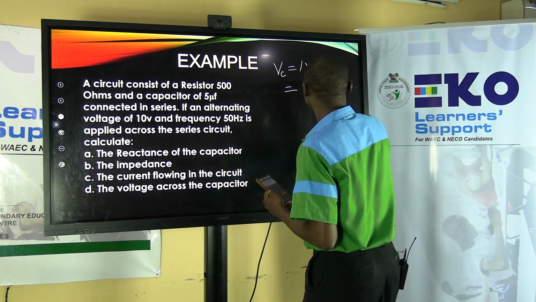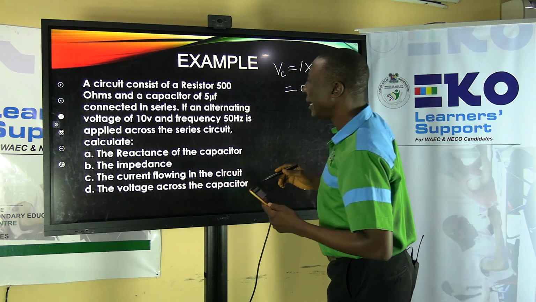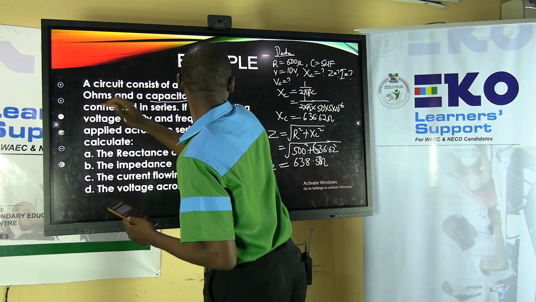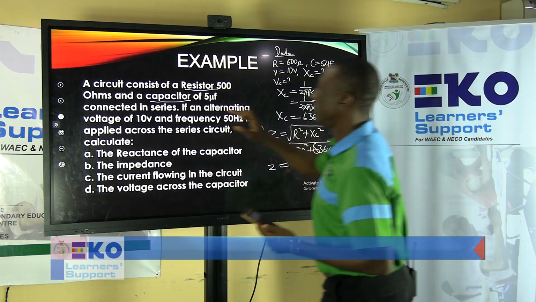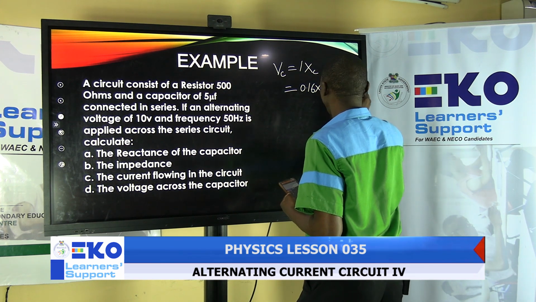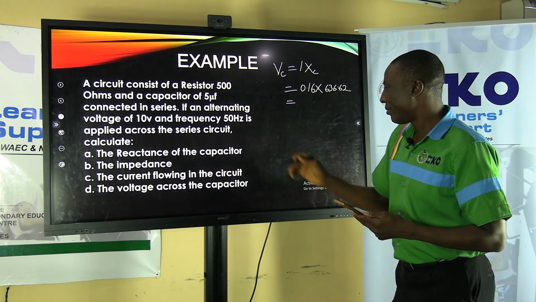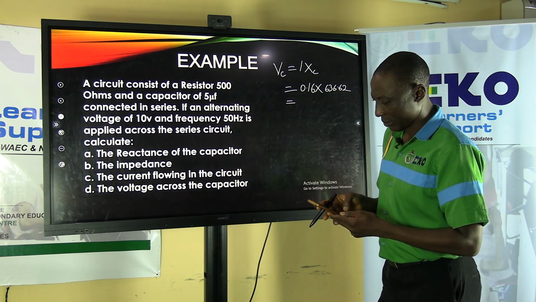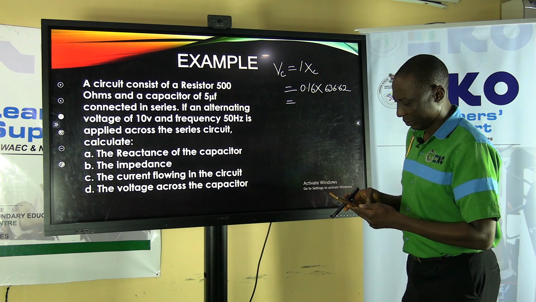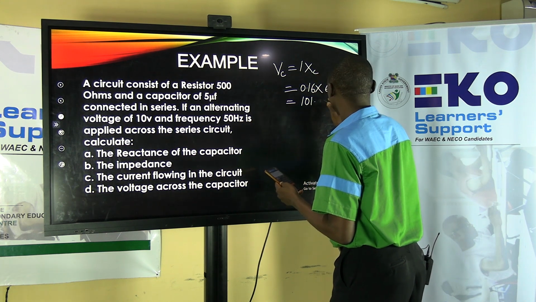Voltage across capacitor, the current is 0.16 multiplied by the capacitive reactance, which we obtained the other time, which is 636.62. I hope you are following.